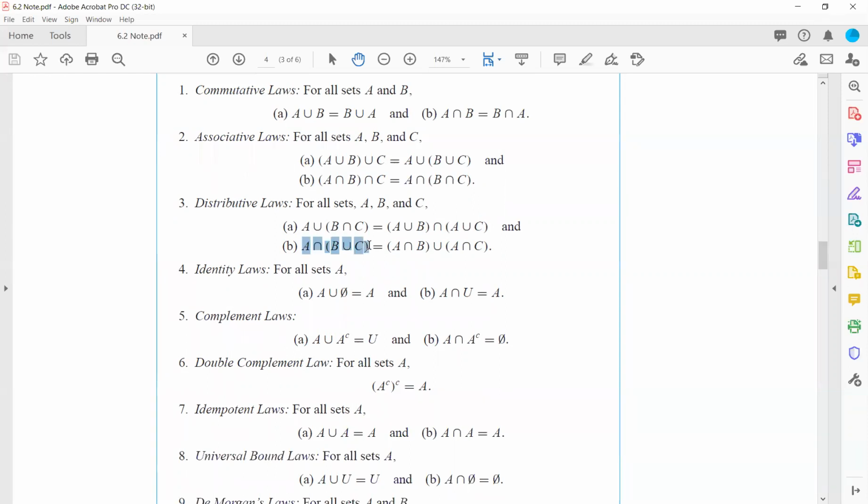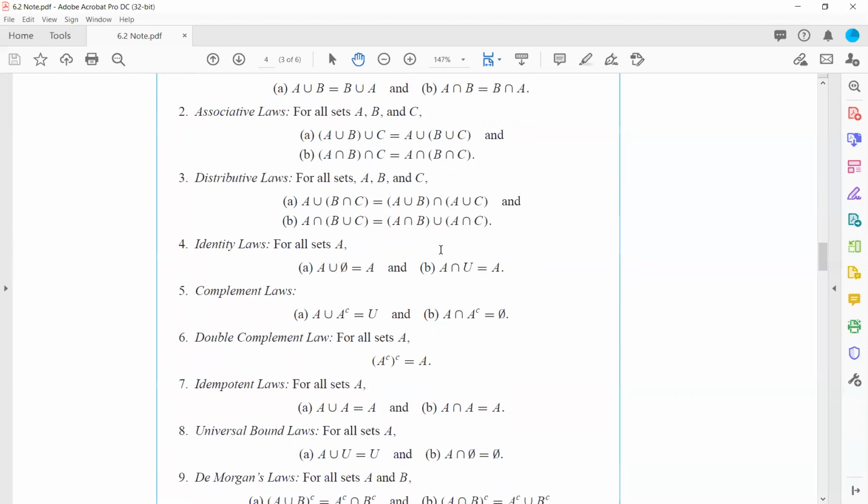Again, the same for intersection over union. A intersection with B union C is the same as finding the intersection between A and B, finding the intersection between A and C, then take their union. Identity laws. The union of A with empty set is always A. The intersection between A and the universal set gives you set A itself.